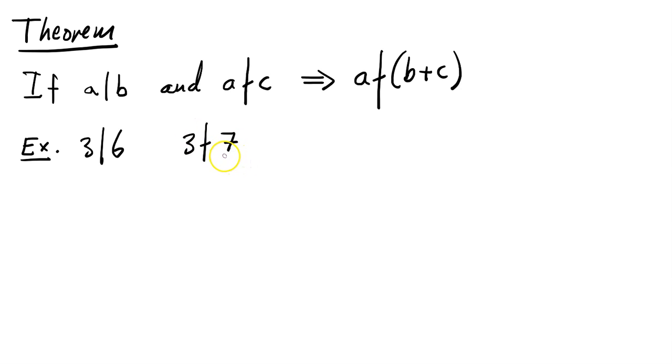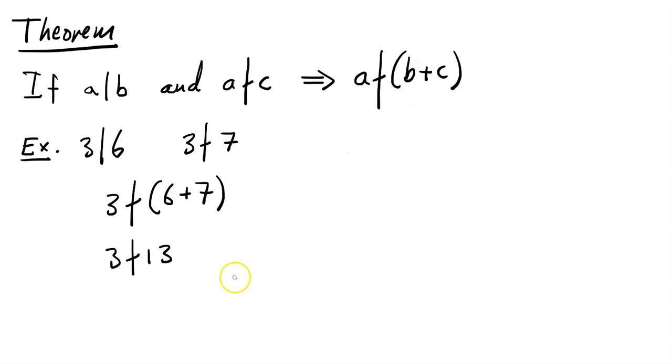Then according to this theorem here, we know that 3 should not divide 6 plus 7. Is that true? Well, 6 plus 7 is 13, and 3 does not divide 13, and that's true. So this is true now in this instance. So we see that for these numbers, the theorem is true.